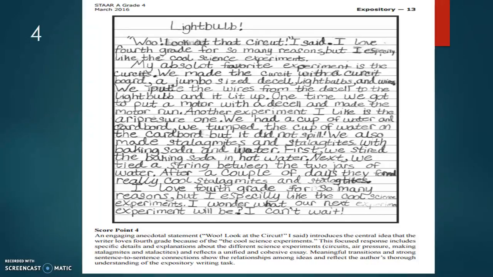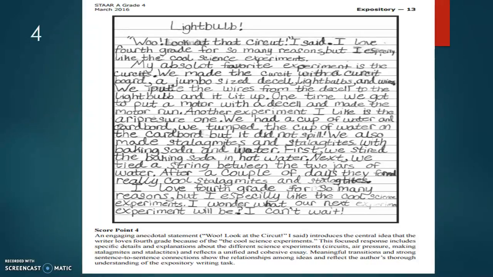So you see, you're being assessed basically to see if you understand the writing task, whether it be expository or narrative, but you will be writing an expository writing task. And the state of Texas wants to see if you have a great understanding of the expository task. That is, can you tell them what you're going to tell them about in a topic sentence?